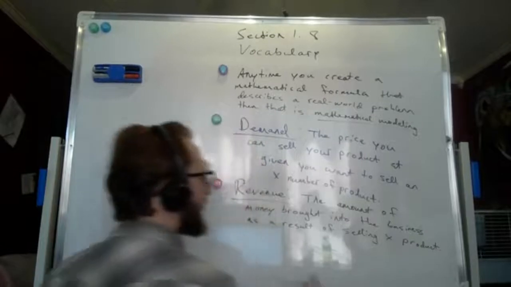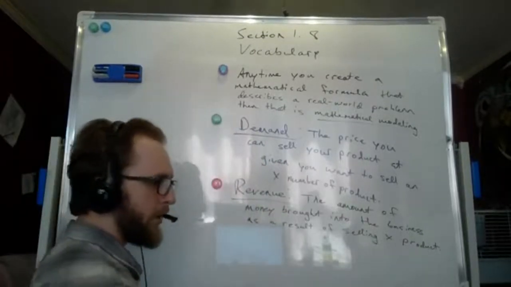So again, X here is still the number of product we're trying to sell.